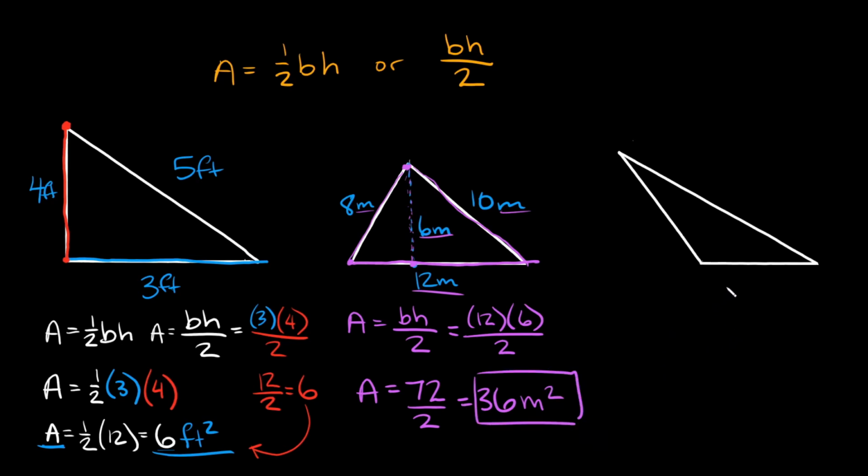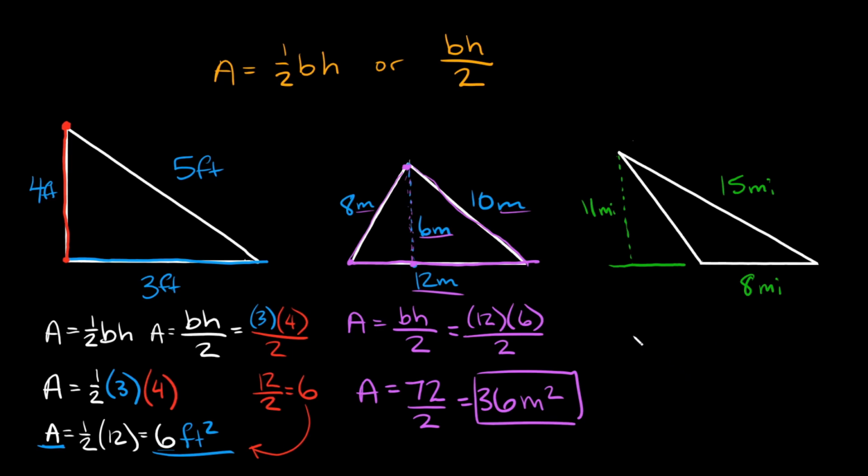Okay, let's try one more example. With this triangle right here, let's say the bottom right here, we'll say 8 miles. This side over here, 15 miles. And we'll say the distance from there straight down to the bottom, let's call that 11 miles. So how would you find the area of this triangle?